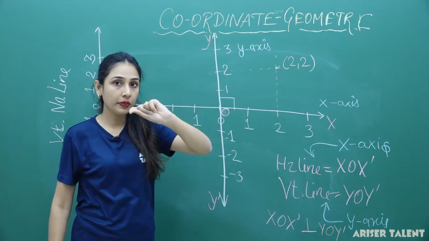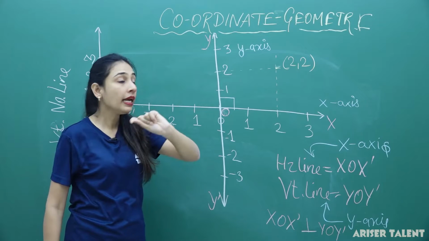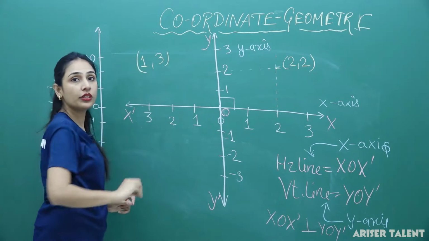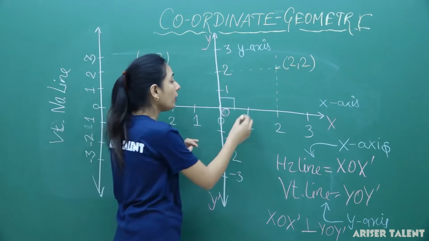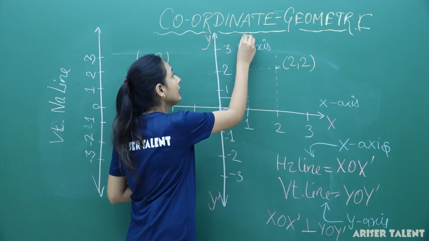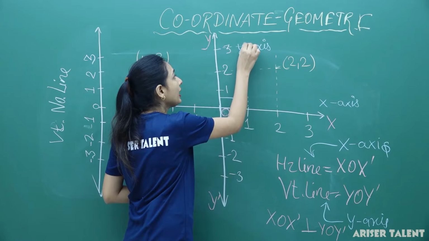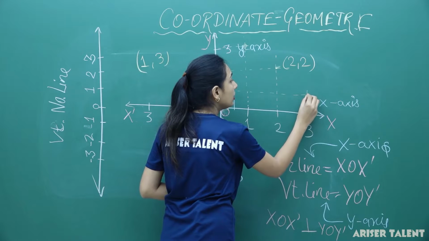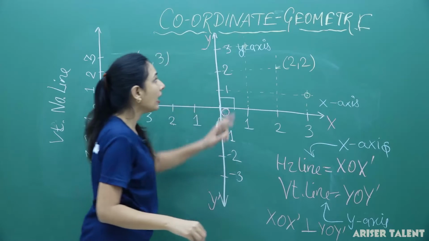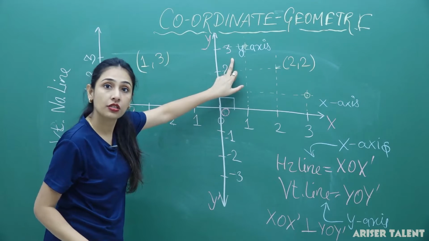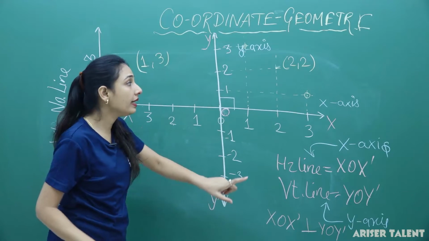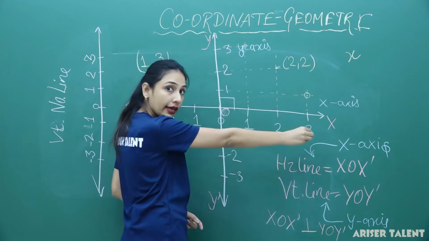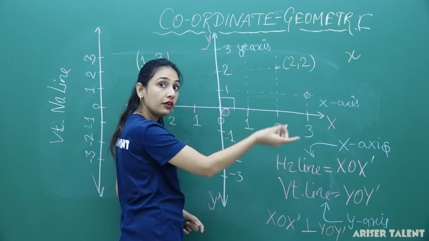Now, this may be a little bit confusing. If I am having 1, 3, how will I show it? Now, it can be 1 here and 3 here. So, this point can be this, and it can be 1 here and 3 here. So, this is also 1 and 3, and this is also 1 and 3. But we are going to write the value of the x axis on the coordinate first.